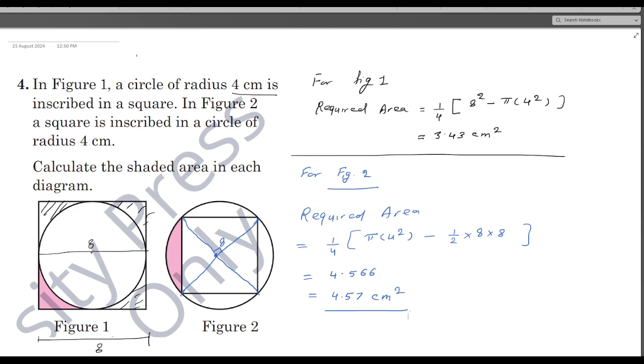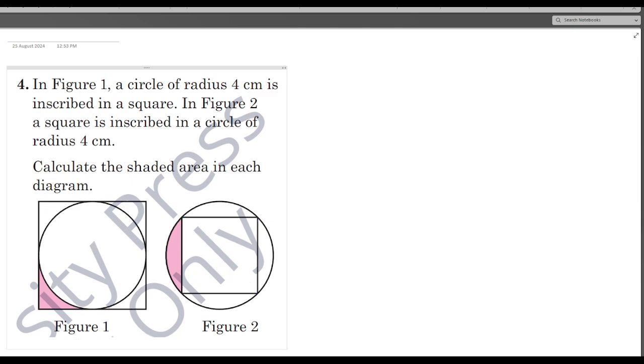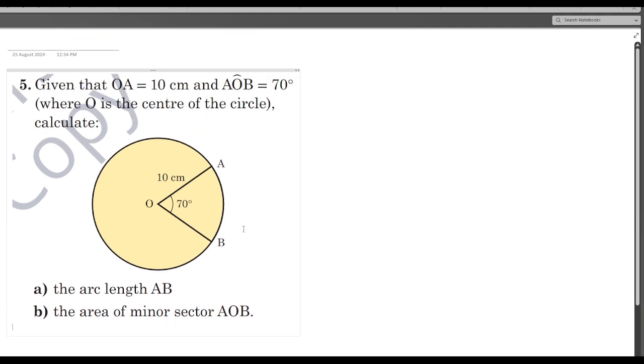Question number 5. Here question number 5 is given that OA is equal to 10 and your angle AOB is equal to 70. You have to find the arc length AB.